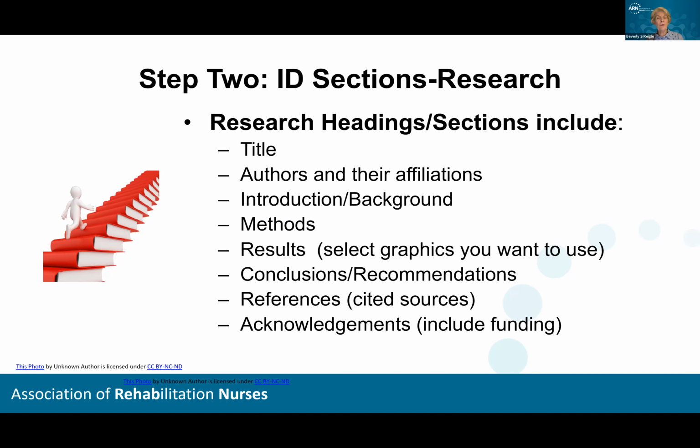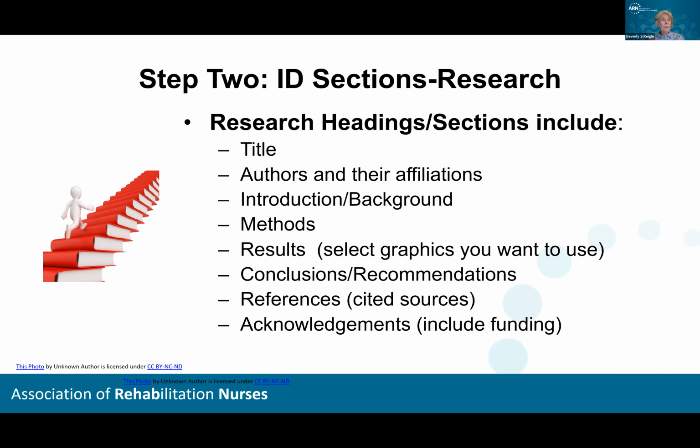The authors and their affiliations, think about the authors as your primary investigator and perhaps co-investigators, but typically not all of your key personnel or your entire team, because it's really who's been involved in this poster development. And it might be, if you're the only person, the primary investigator, let's say it's your dissertation, it may be also your statistician that's worked with you if it's a quantitative study.